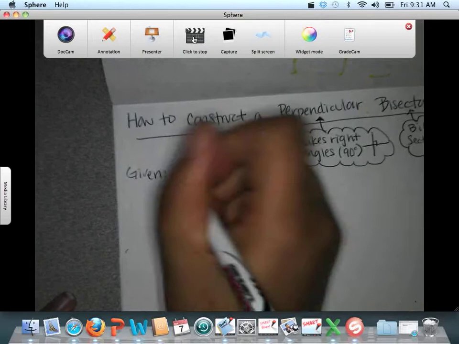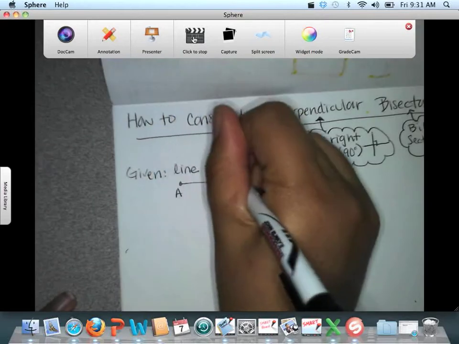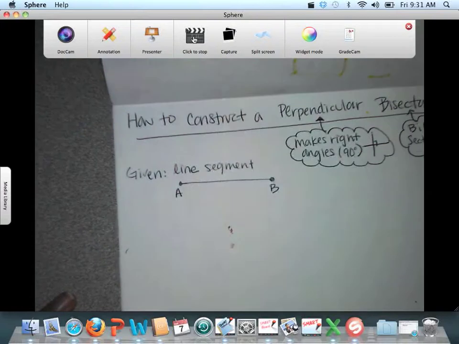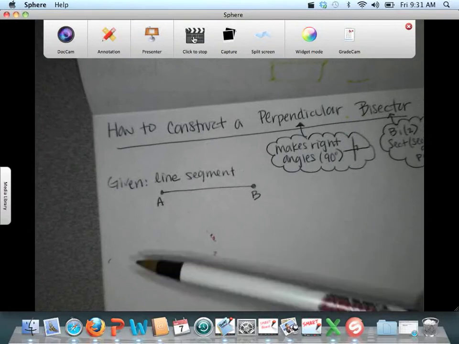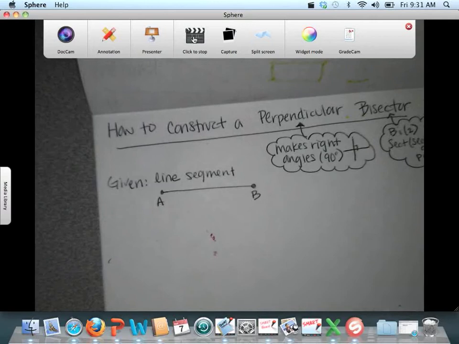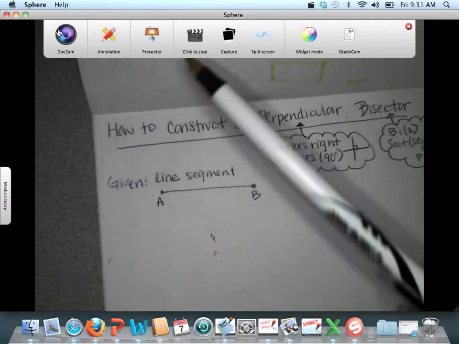You're always given a line segment and asked to construct the perpendicular bisector. Sometimes they might say make perpendicular lines, or find the midpoint. Midpoint is in half, so you would just have to do the bisector. So this is really productive. It does a lot of different things.